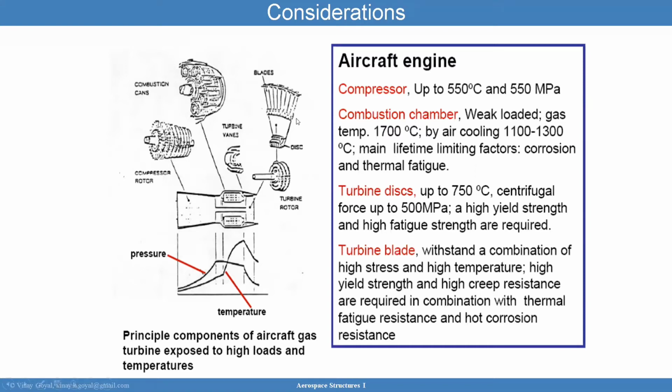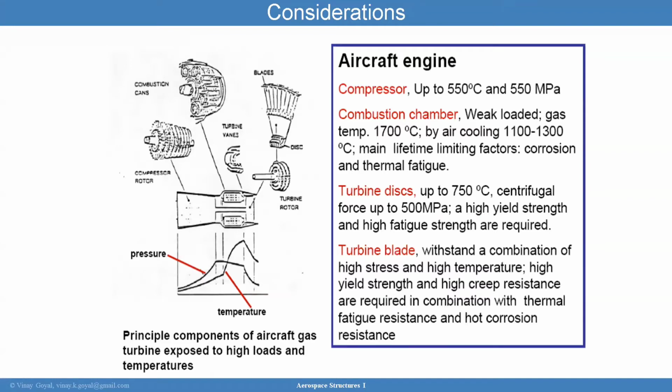For example, a compressor is going to see up to 550 degrees C, but I need the strength to be as high as 550 MPa. The combustion chamber is going to be weakly loaded, so it's not going to have a lot of loading, but the gas temperature is high, and the air cooling is also high. But the limiting factors are corrosion and thermal fatigue. So what material will be good for that? So that's how you want to think about it.